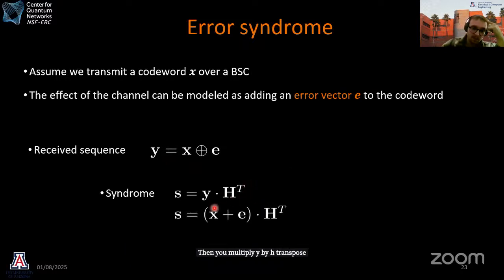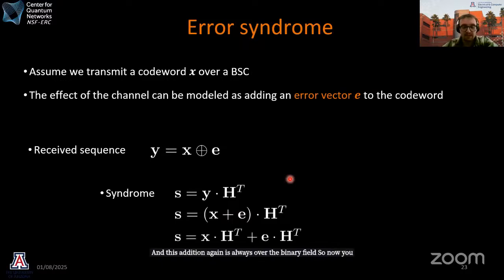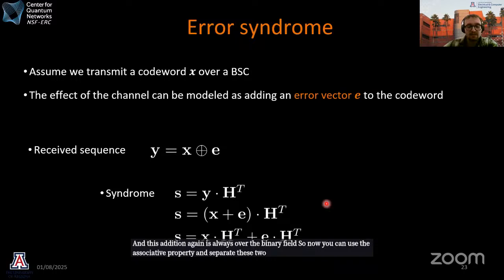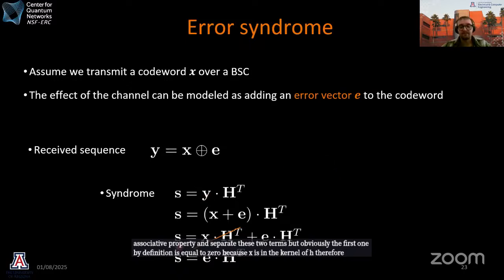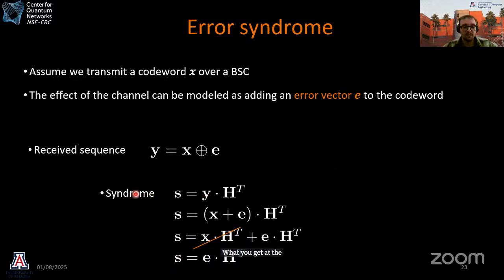But Y is equal to X plus e, and this addition, again, is always over the binary field. So now you can use the associative property and separate these two terms. The first one, by definition, is equal to 0 because X is in the kernel of H. Therefore, what you get at the end is what we call the error syndrome, which only depends on the error vector that the channel introduces.